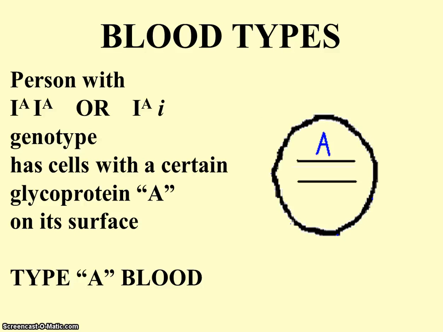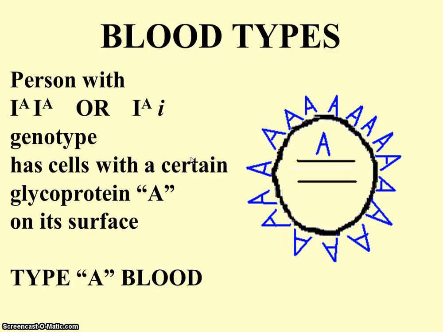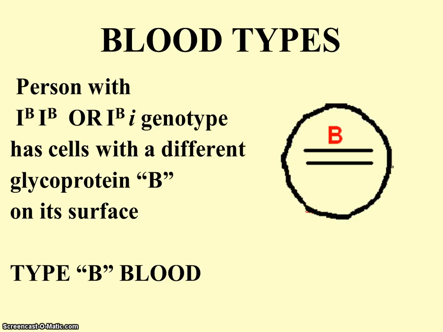So, blood types. A person who has A, we would write it as I with big A, or IA. This would be your heterozygous one, because this i is your recessive gene, which is the O. So if you have type A blood, you have a whole bunch of little A's. They recognize other A's. B, you would write it like this, or like this.